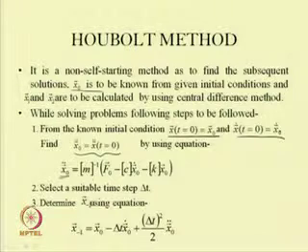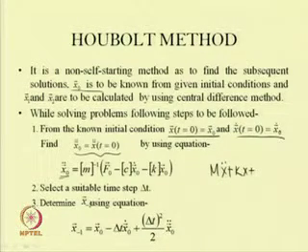Let us take a multi-degree of freedom system, where the equation can be written in this form: m x double dot plus k x plus c x dot equal to f. In this case, x 0 double dot at time t equal to 0 can be obtained from this equation by substituting t equal to 0 from the known initial conditions of x 0 and x 0 dot.